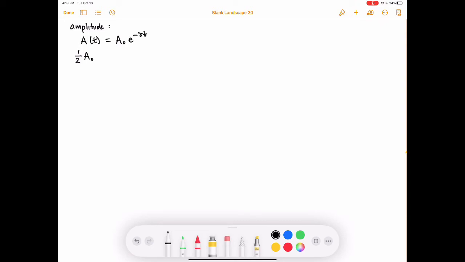So that means on the left side for the amplitude, I'm going to have exactly 1/2 of the starting amplitude. And then on the right side, I'm going to have A naught times e to the minus gamma t. So again, this is amplitude cut in half. So whatever the initial amplitude actually was, it doesn't matter because that drops out.